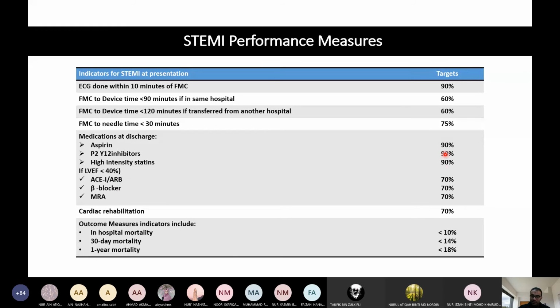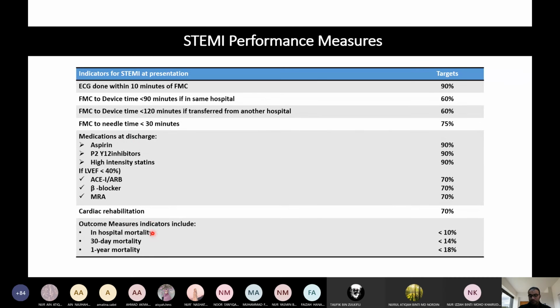At least this is the percentage to be achieved. If we are at 90%, all the patients on discharge have this, it is good. So the KPI for management of STEMI has been achieved.